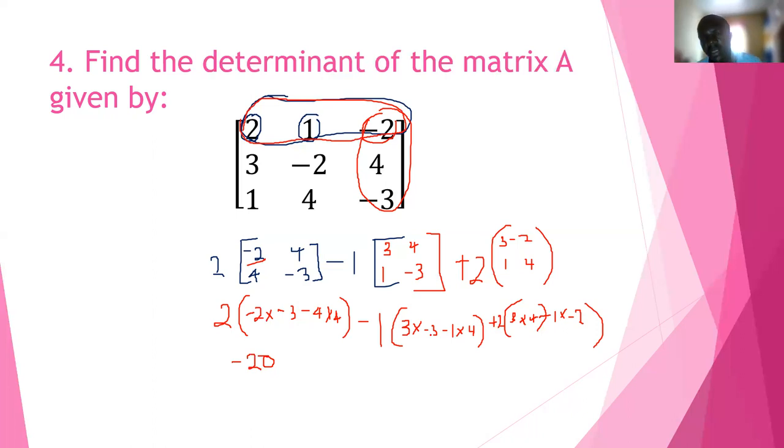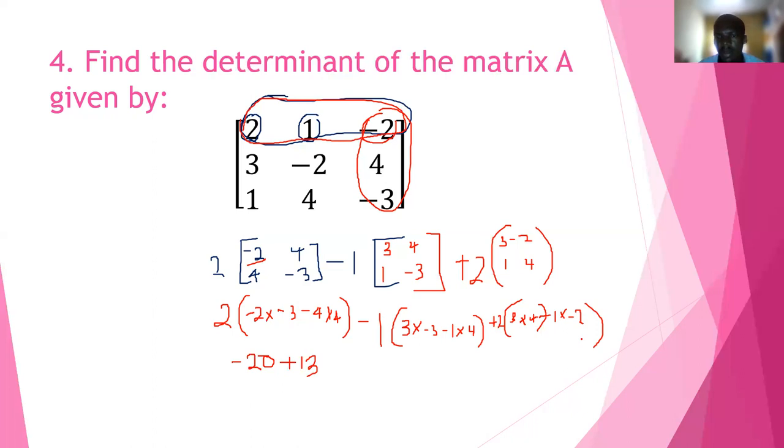Negative 3 times 3, that is negative 9. So negative 9 minus 4, we get negative 13, times negative 1, that is positive 13.